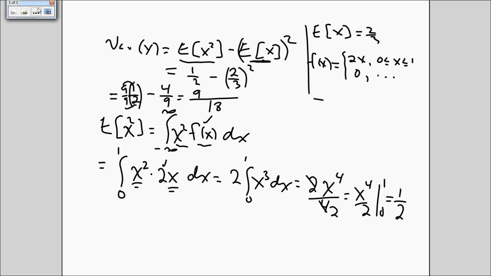So you get 9 over 18, which is a half, minus, multiply top and bottom by 2, because 2 times 9 is 18, and 2 times 4 is 8. 8 over 18 is the same as 4/9. Do simple subtraction, you get 1 over 18. That's the variance.